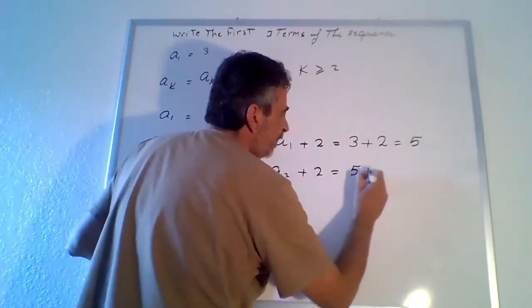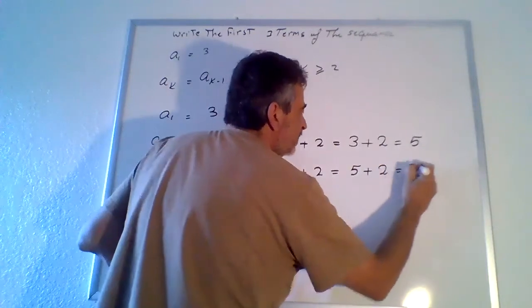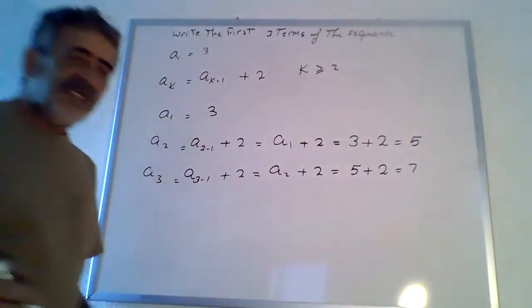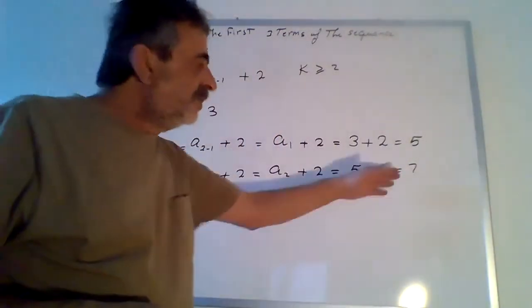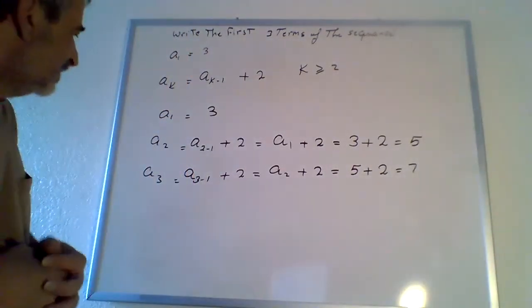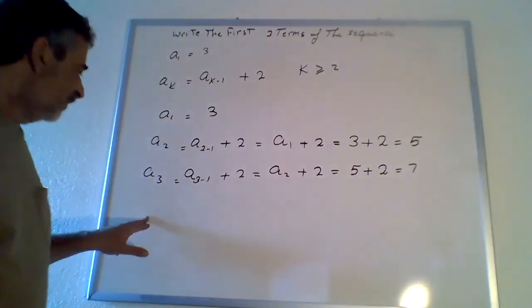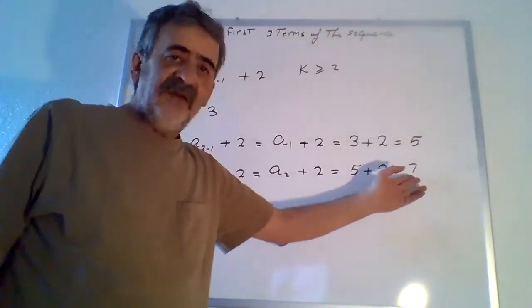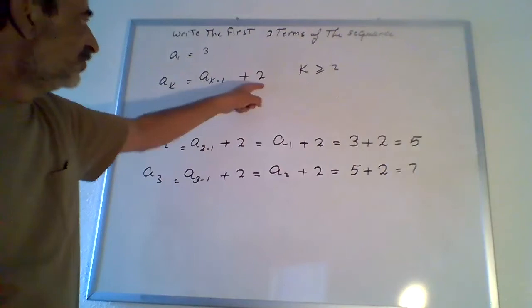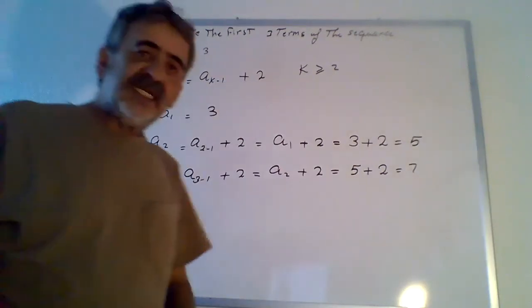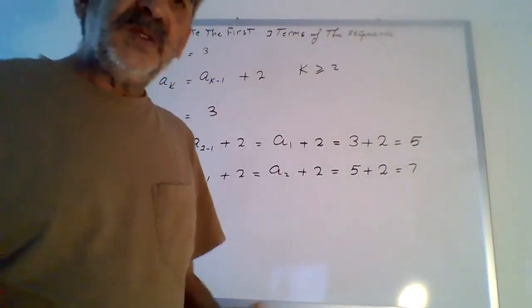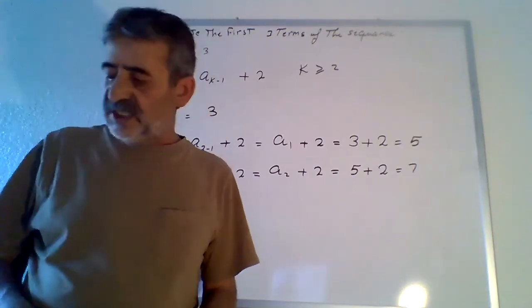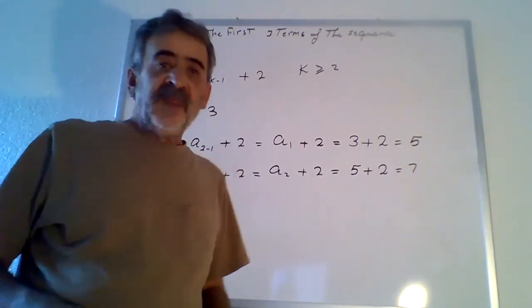So 5 plus 2, which is 7. So this is the third term of the sequence, which is 7. Now, if I wanted A4, it would be A3, which is 7, plus 2, which is 9. So A4 is going to equal 9.